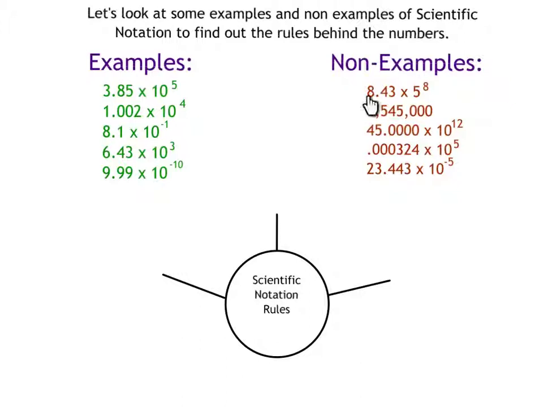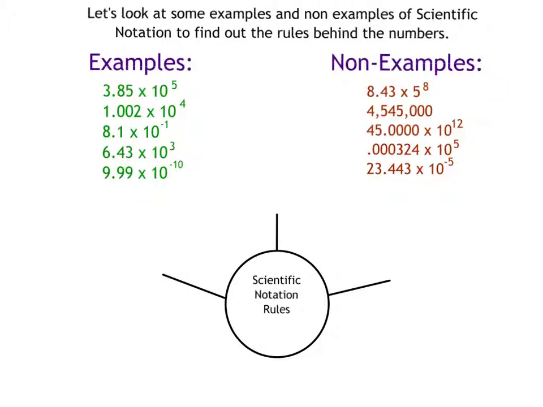Now here we have 8.43 times 10 to the 8th. Let's look at this one. We have a number, 1.002 times 10 to the 4th. Here, we just have a number. We don't have any times sign. So, feel free to pause and just look at the differences.